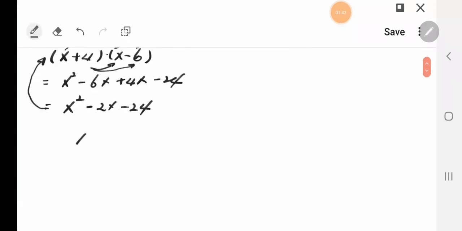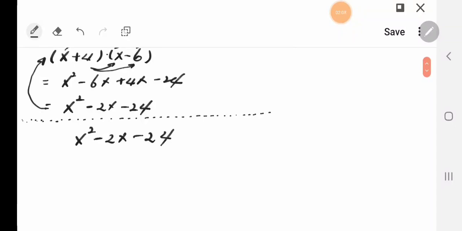Okay, so let me write this trinomial again so that we can factor this as a product of two binomials. First of all, make sure the trinomial is written in order, so the largest exponent term comes first. So x squared comes first, and then the second term will be x. The last one will be just a constant.